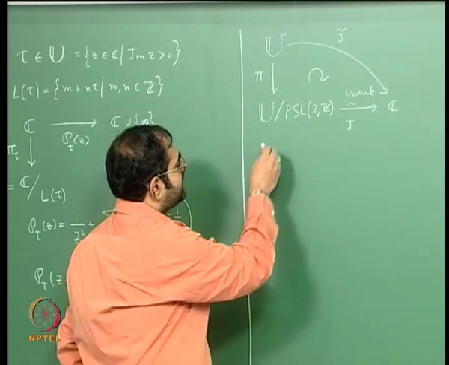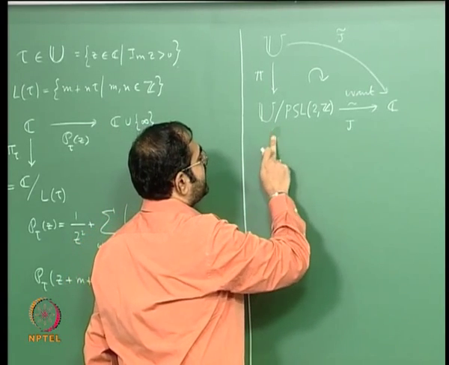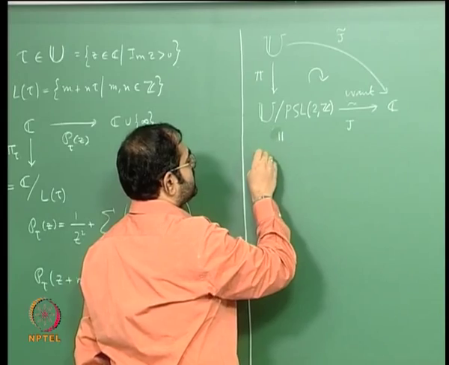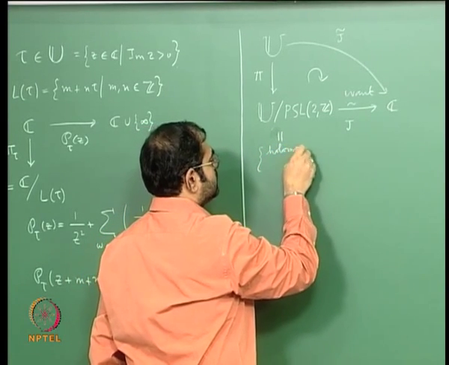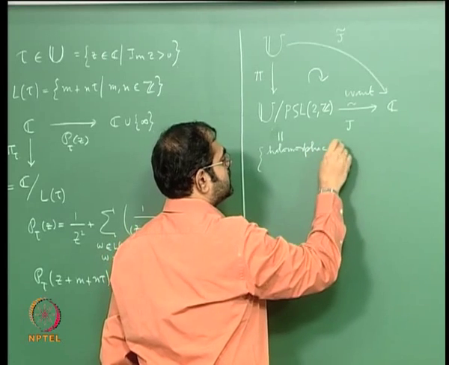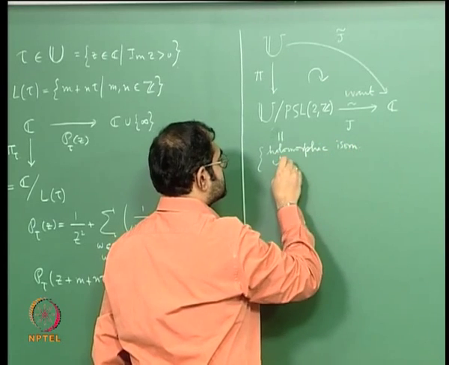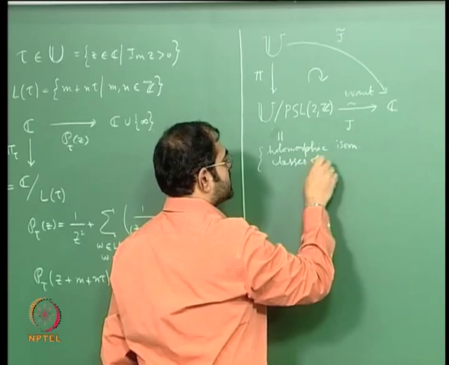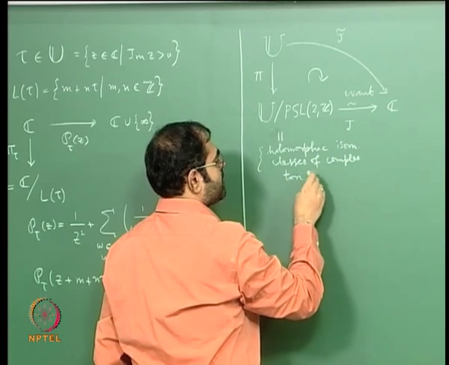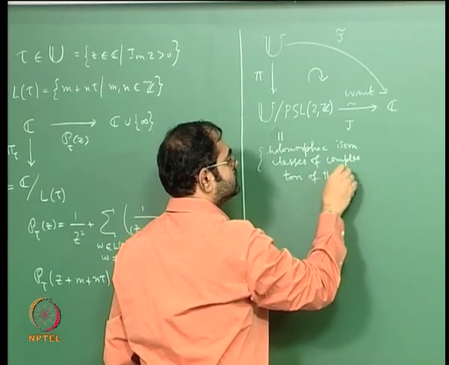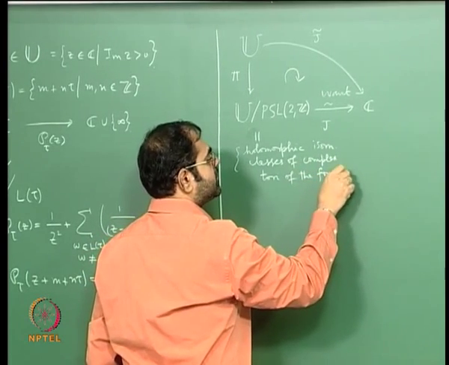So we have already seen that this can be identified with the holomorphic isomorphism classes of complex tori of the form T sub tau.